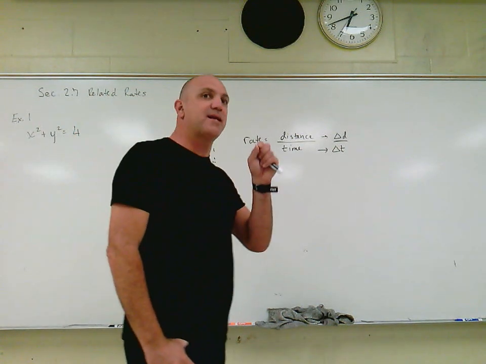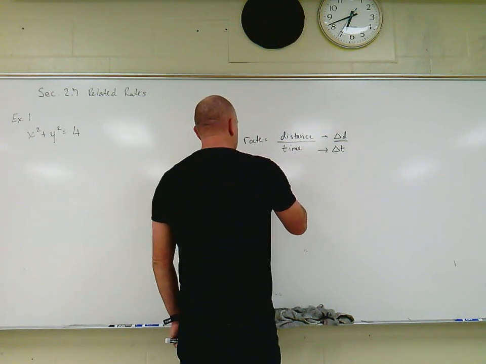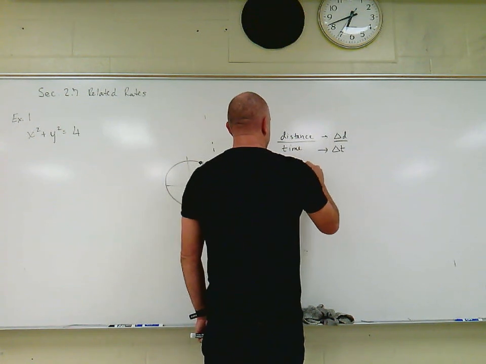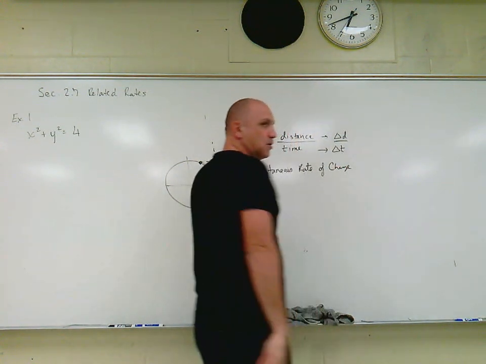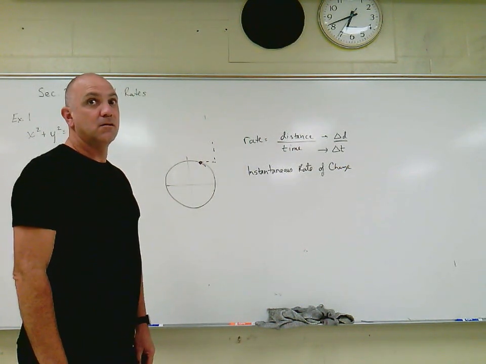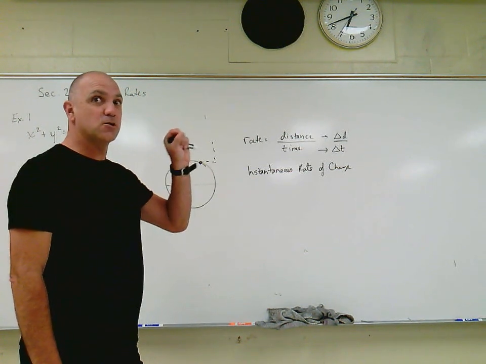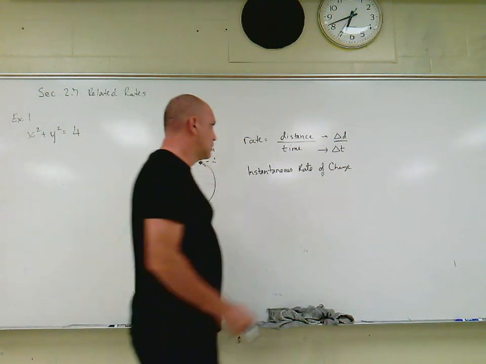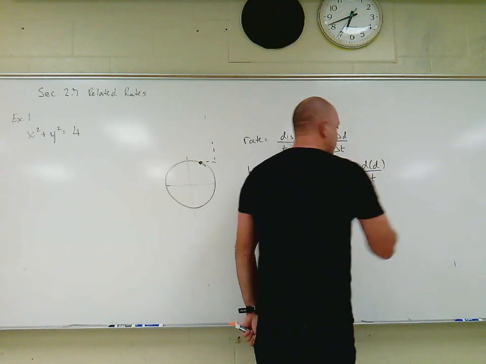And if we want the rate at an instant, an instantaneous rate of change, it wouldn't be delta, it would be what? What do I use to get instantaneous rate of change? It would be the derivative of the distance over the derivative of time, right?